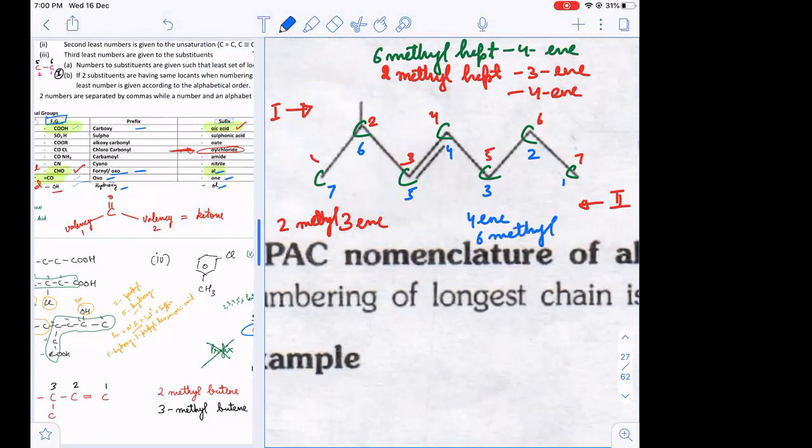Here the priority is given to the ene, the unsaturation, because unsaturation is above a prefix. And as well, 2, 3 are the lowest locants. 4 and 6 are both greater than 2, 3. So 2-methyl hept-3-ene is the correct answer.